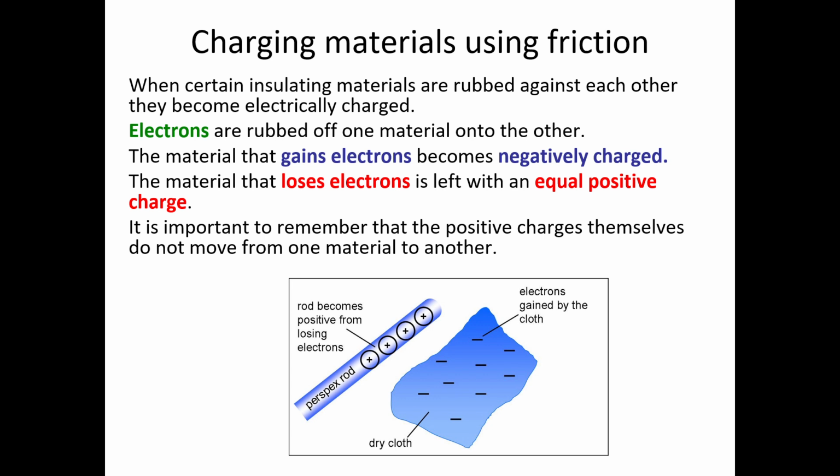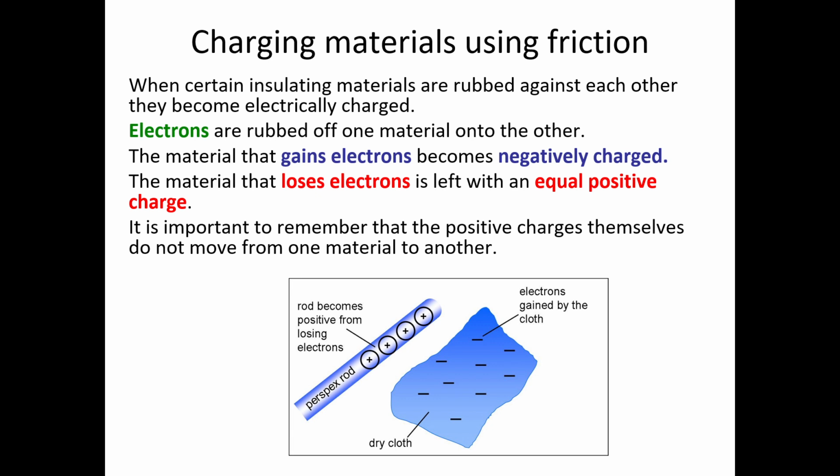The material that loses the electrons is left with a positive charge, because it's lost electrons, so overall it's got more positive charges than negative charges. Remember that the positive charges don't go between the materials. One thing that's a bit limited in all the models you see is that you can get the impression that one material has lost all of its electrons, which won't be the case. It'll just be a net transfer of some electrons from one material to the other.